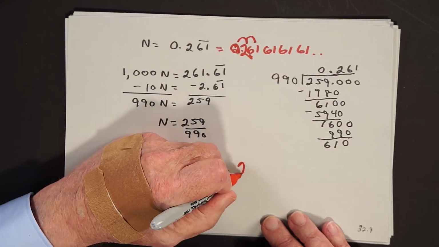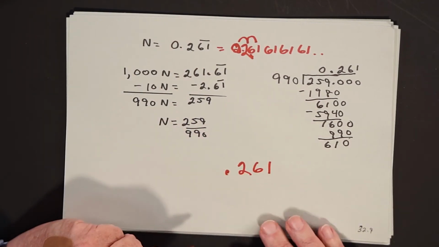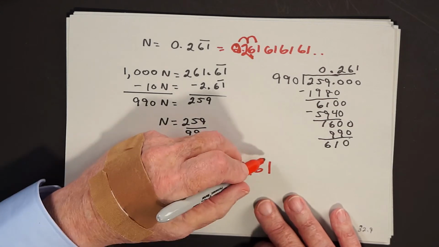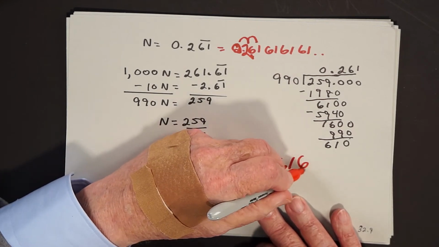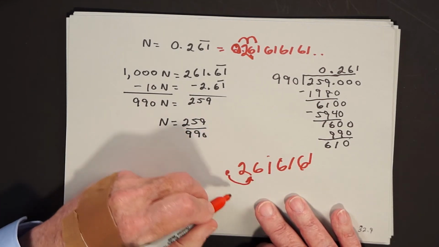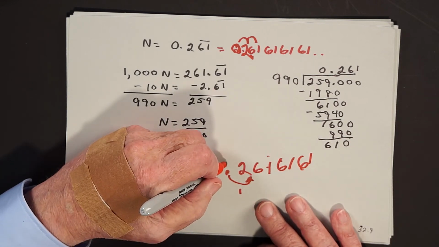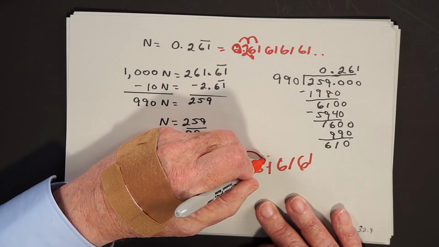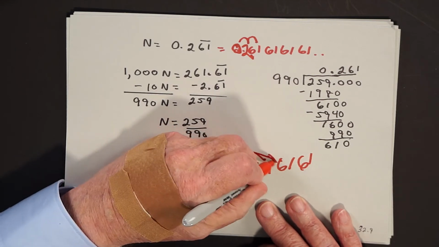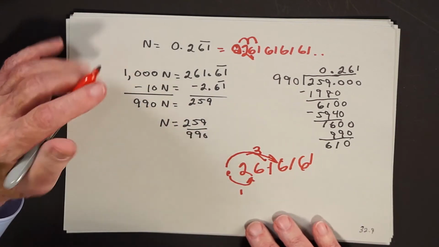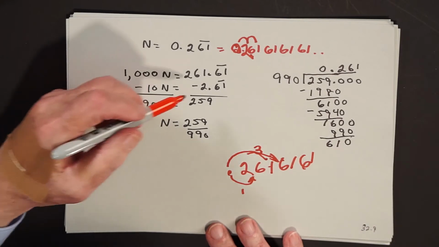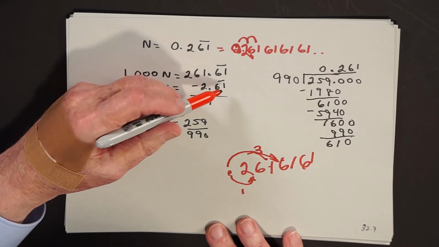Let me make sure that my sloppy writing didn't bother you here. See, if I move the decimal point one place, the sequence 616161 keeps coming up. And if I move it 3 places, the same sequence comes up. So if I multiply it by 10, I get 2.61 bar.